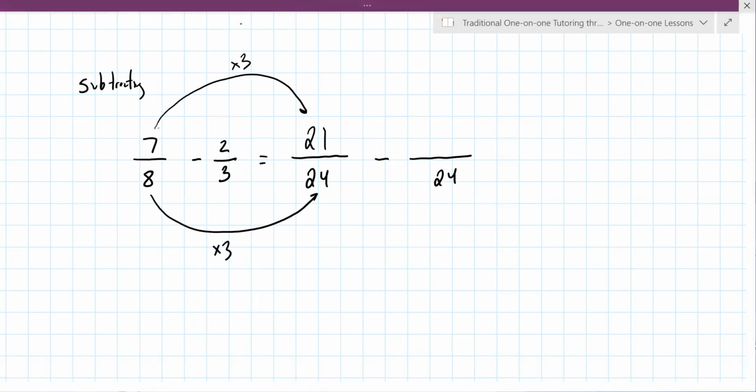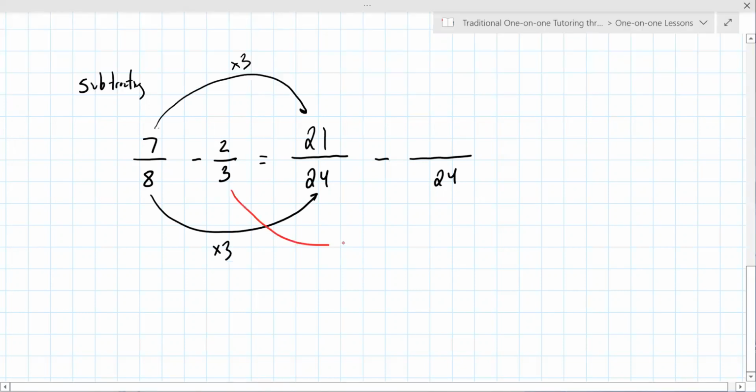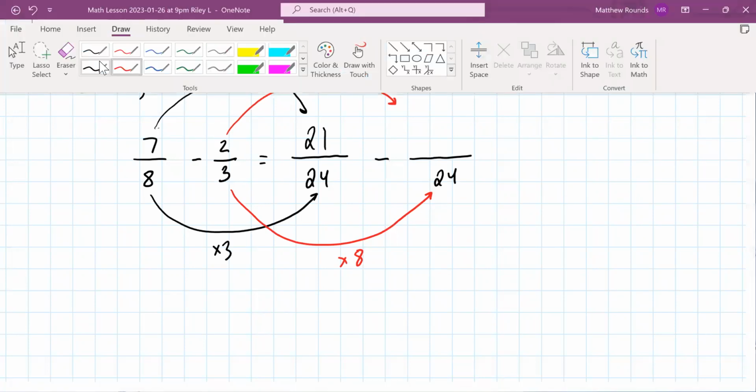And then how do you go from 3 to 24? This time you multiply by 8. So that 2 you're also going to multiply by 8. And that's 16.